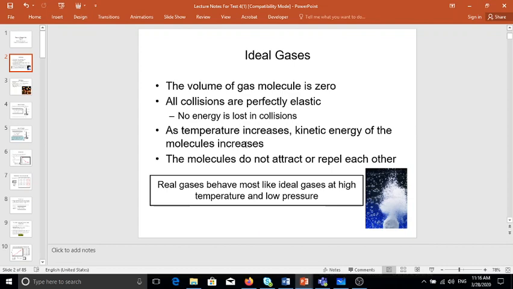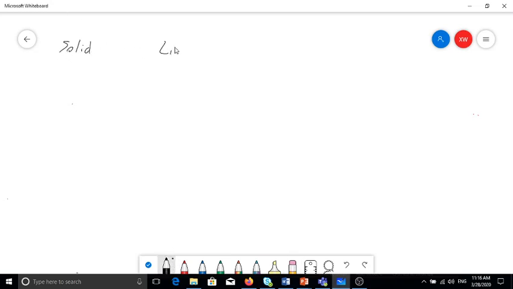Well, typically, when we think about any chemical substance, there are basically three forms. We have solid and liquid and gas, and they're all composed of either atoms or molecules, depending on whether they're elements or compounds.